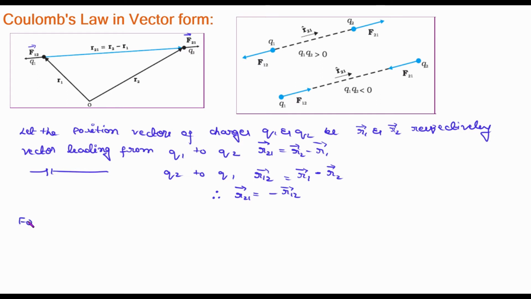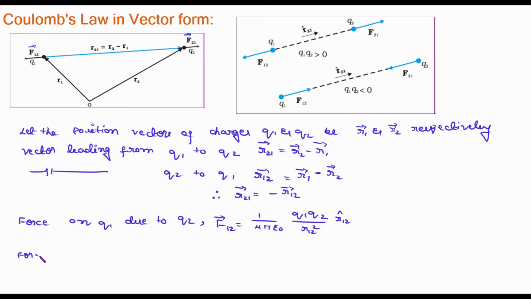So let's write the forces. Force on q1 due to q2, F12, is equal to 1 divided by 4 pi epsilon naught, q1 q2 divided by r12 square, r12 cap. The left side is a vector, so the right side should also be in vector form.